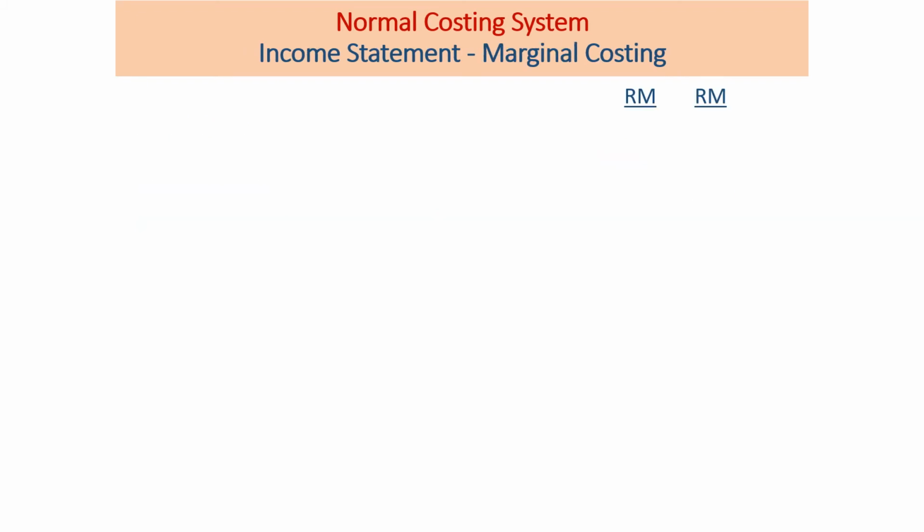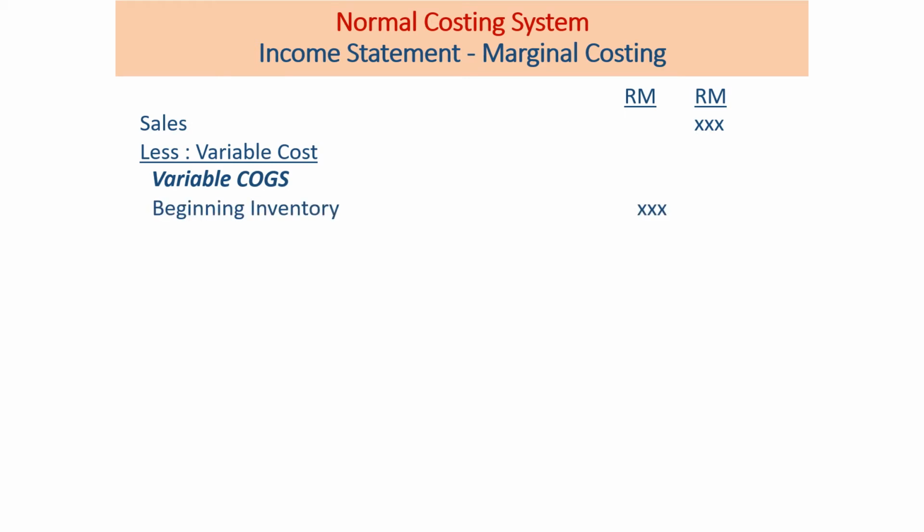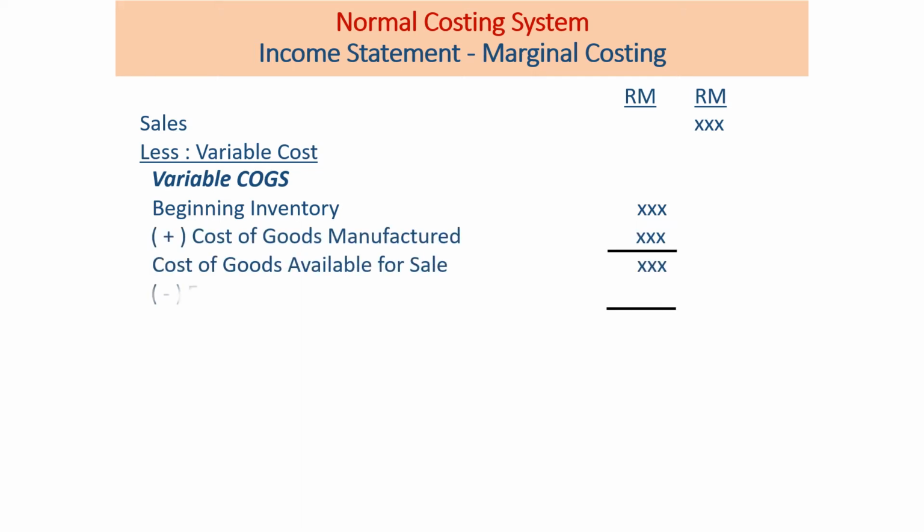For the normal costing system income statement under marginal costing, sales less variable cost of goods sold, which is the beginning inventory plus cost of goods manufactured, less the ending inventory.